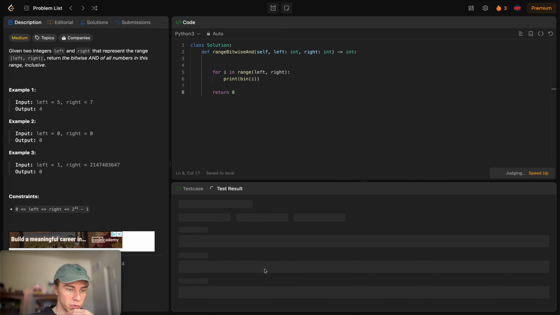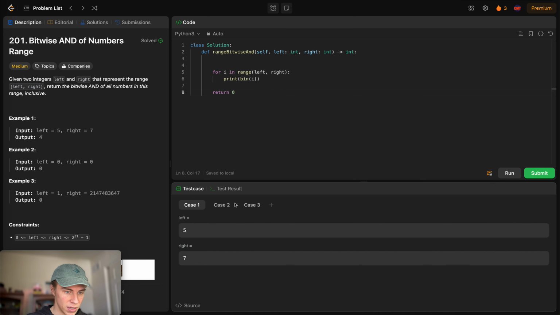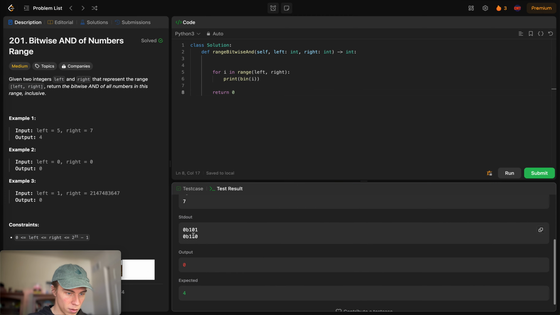I want to see those previous numbers that I was referring to. 1, 0, 1. From left to right. Why am I getting more numbers than I want? I think that's because of my test cases overlapping, actually, because for the first one there should only be, what, 3 numbers printed? Or even 2. Let's say right plus 1.